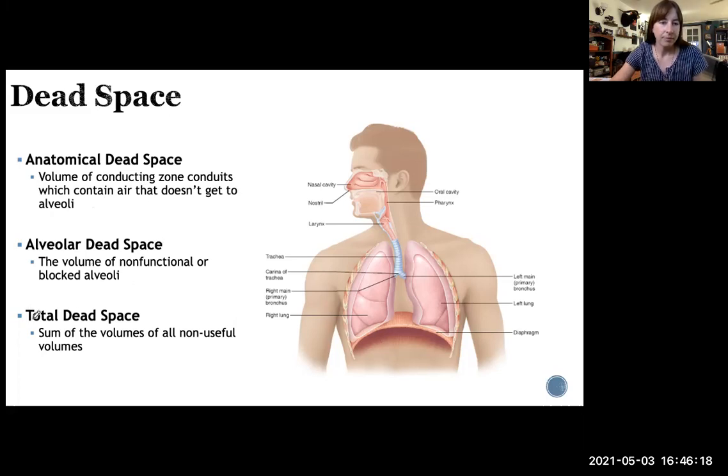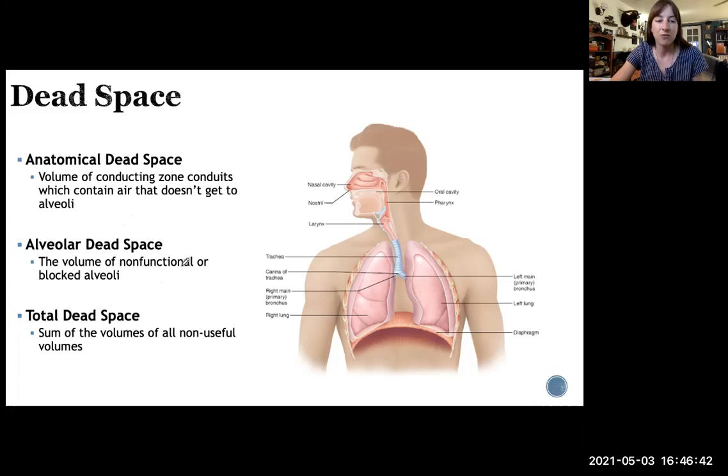And the total dead space also includes, besides that anatomical dead space, which is nasal cavity, trachea, pharynx, bronchi, and bronchioles, your alveolar dead space, which for some people is more than others because the alveoli are damaged.